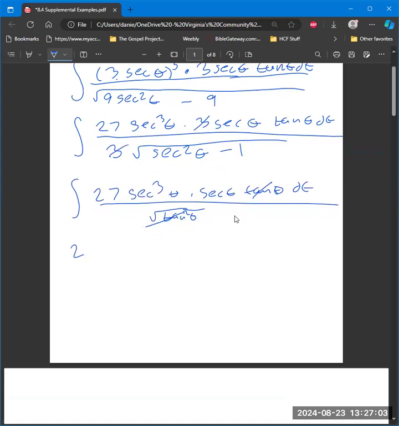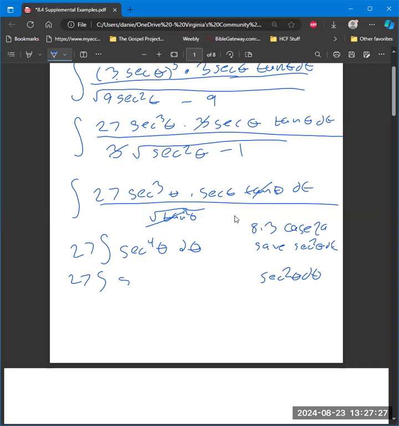And that leaves me with 27 integral secant to the fourth theta d theta, which is 8.3 case 2a from our notes, where we're going to save a secant squared theta d theta. 27 integral, save a secant squared theta. The other secant squared theta is going to turn into a 1 plus tangent squared theta, times secant squared theta d theta.